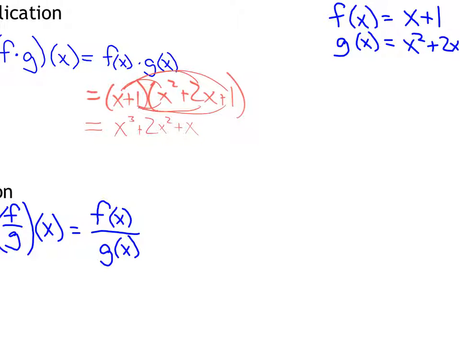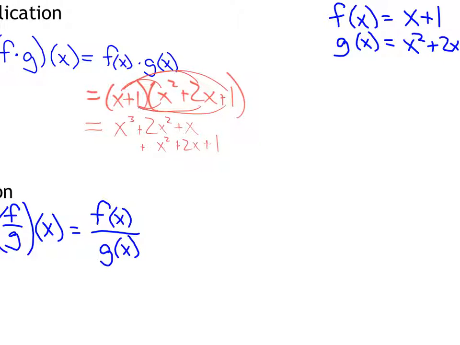By the way, a way to help you stay organized: if you have this in decreasing degree, x and then the 1, and then the x squared, then the x, then the 1, when you distribute the 1, you come down on the next line and move it over one space. Notice what happens with our like terms.